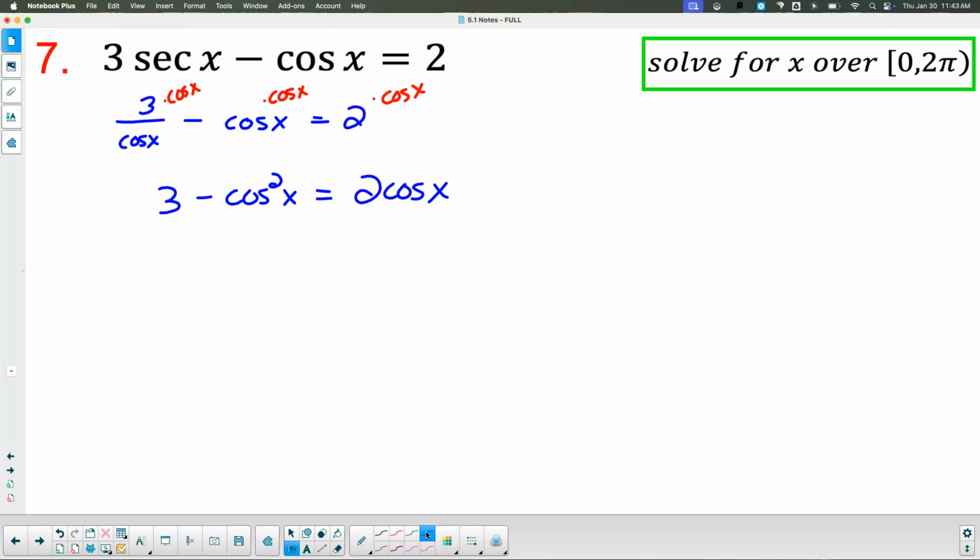What's the key? What do we want to get it equal to? 0. So I'm going to move everything to the right. That's going to give me 0 equals cosine squared plus 2 cosine minus 3. Now I can factor.